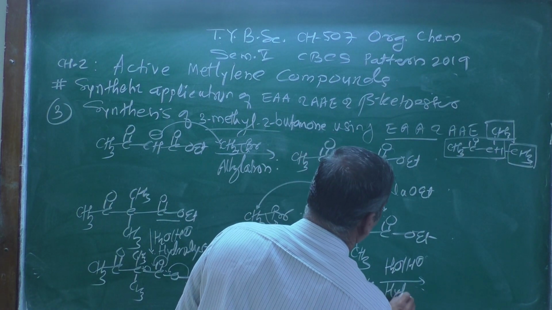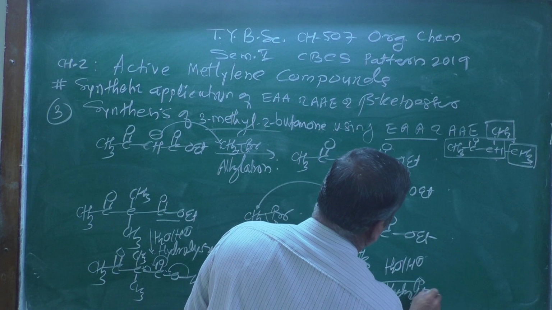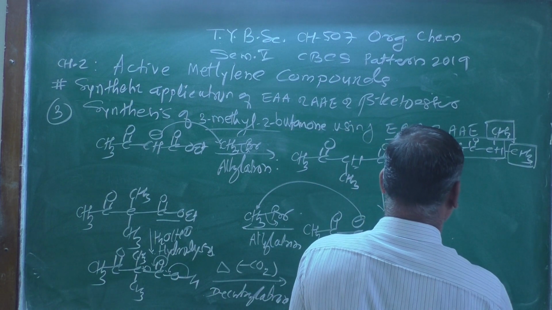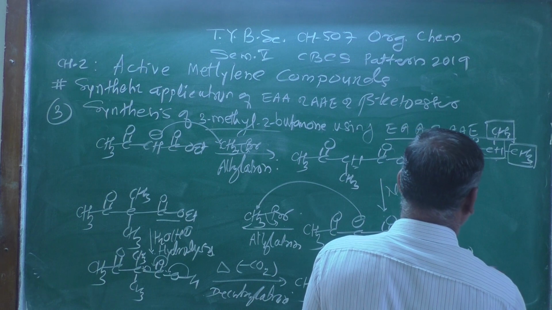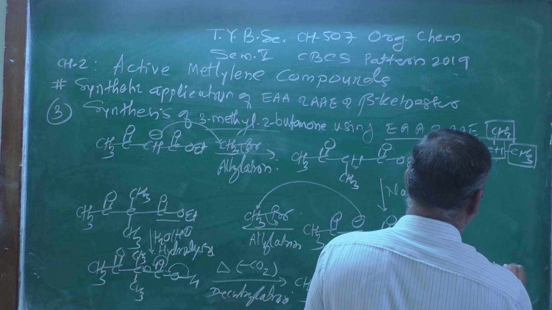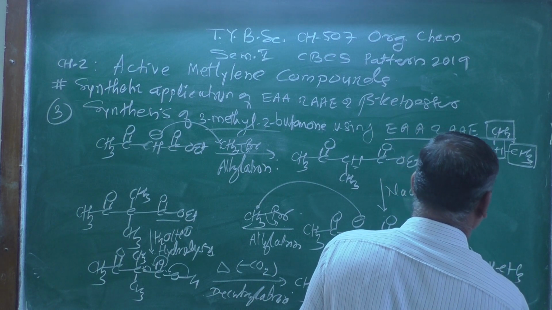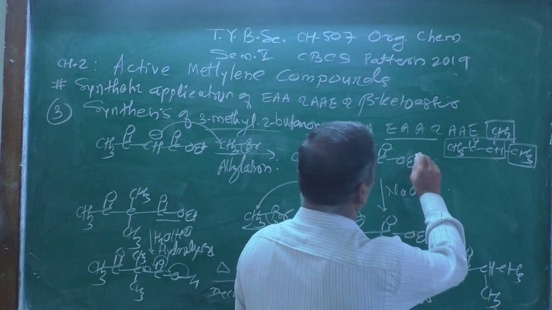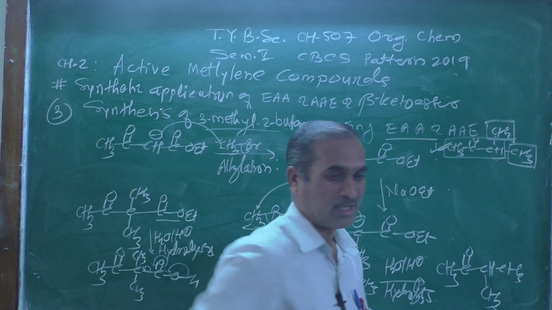This process is known as hydrolysis, and after the hydrolysis you will get your target molecule CH3, C double bond O, then here CH, CH3 and another CH3, and this is nothing but your target molecule which we got in this way.